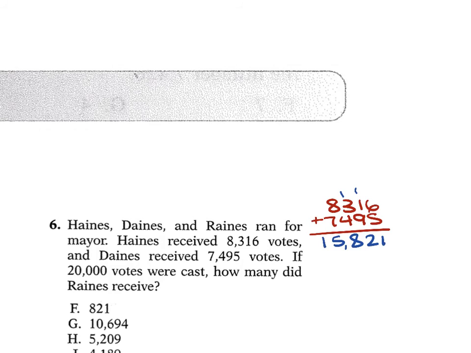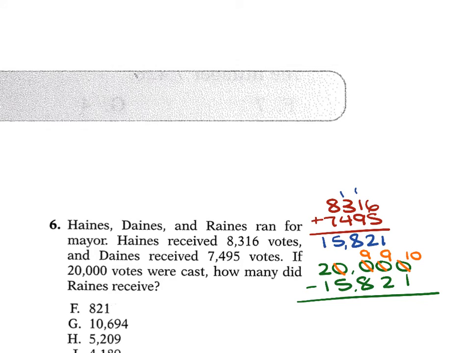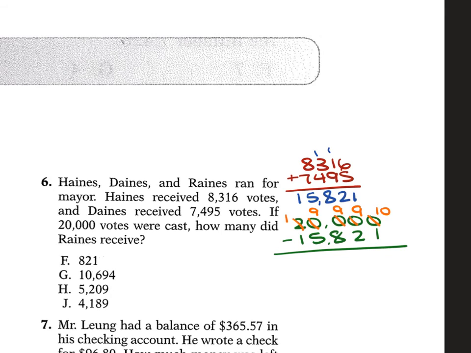So if we subtract this from 20,000, the 0 becomes a 10, this becomes a 9, next becomes a 9. The next one becomes a 9, and the 2 becomes a 1. So 10 minus 1 is 9, 9 minus 2 is 7, 9 minus 8 is 1, 9 minus 5 is 4.